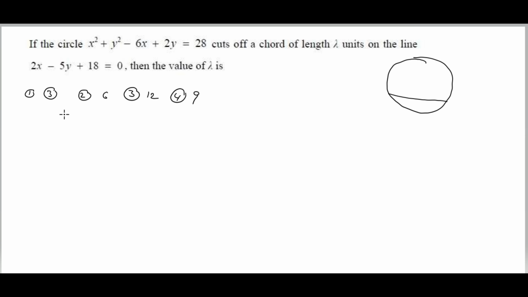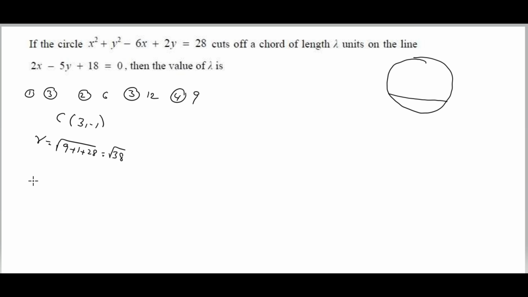First we find the center of the circle, that is center is 3 comma minus 1, and the radius R is equal to root of 9 plus 1 plus 28, that is equal to root 38.